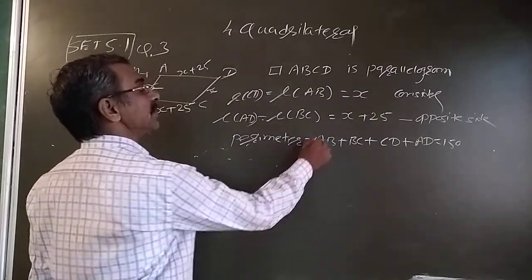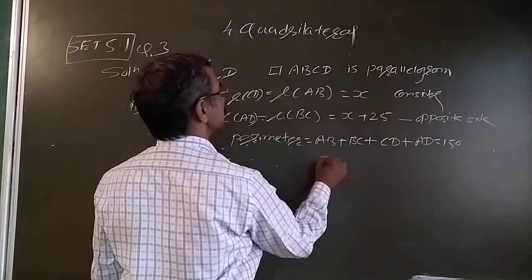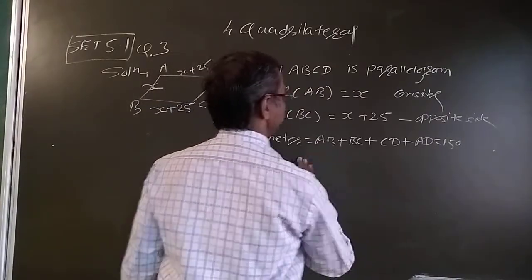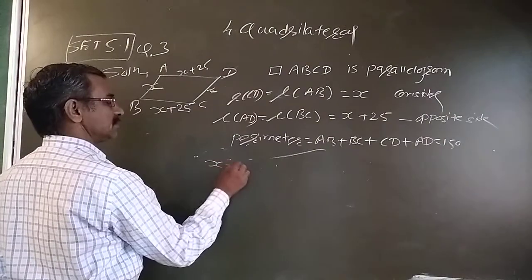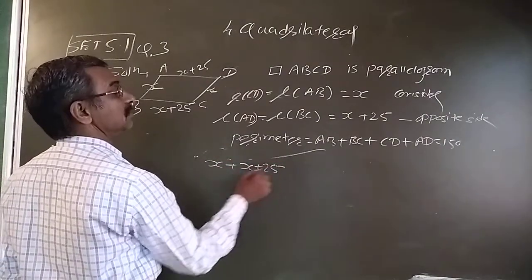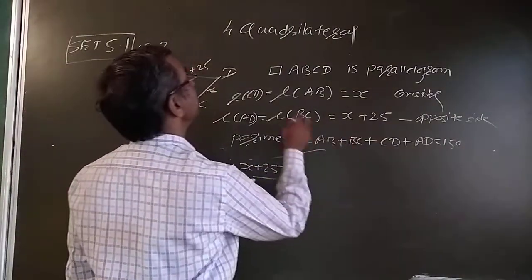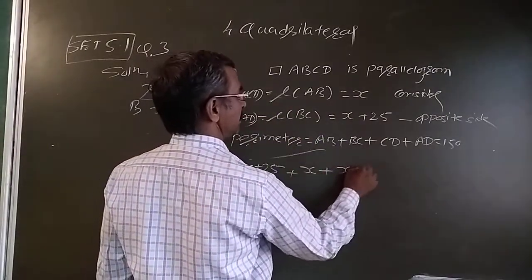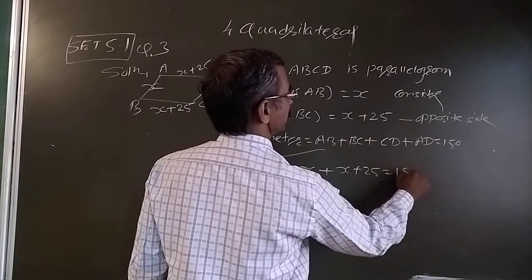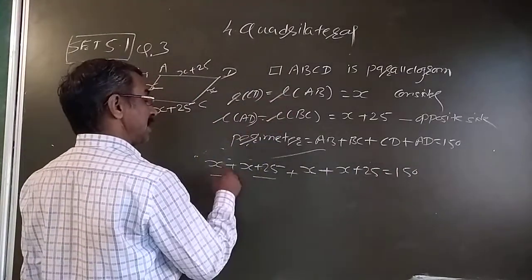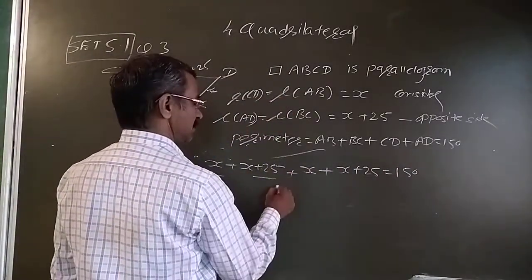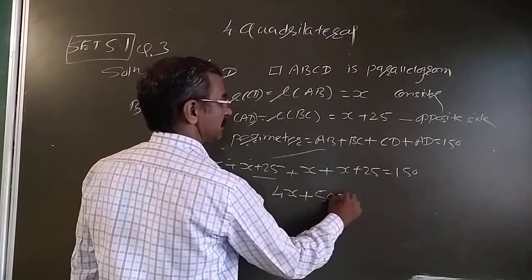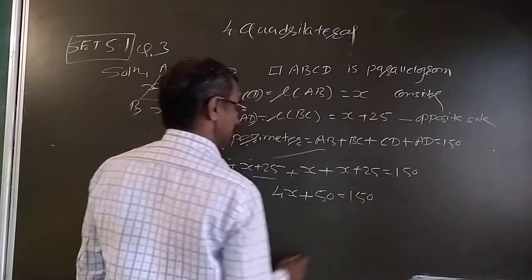By putting the values, AB is x, BC is x plus 25, CD is x, and AD is x plus 25, equal to 150. Adding, x plus x plus x plus x is 4x, and 25 plus 25 is 50, equal to 150.